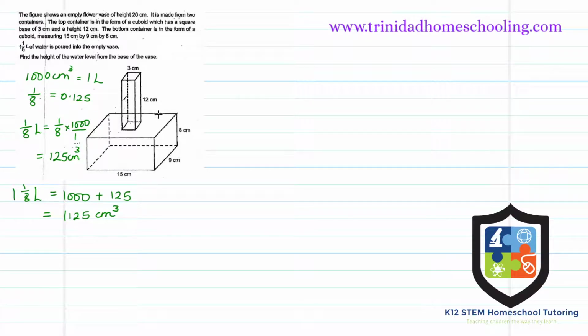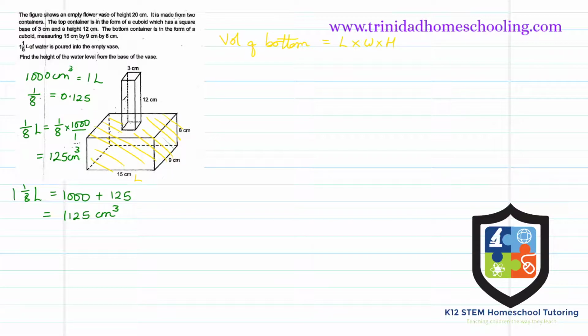So let's try to find the volume of the bottom part of the vase. The volume of the bottom is equal to, well, it's a cuboid. The volume of a cuboid is the length by the width by the height, in any order.